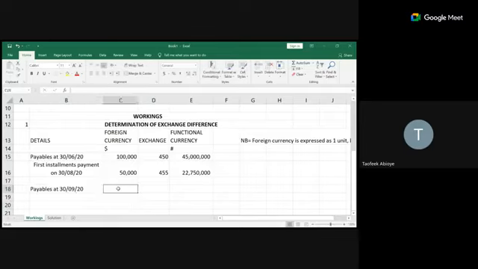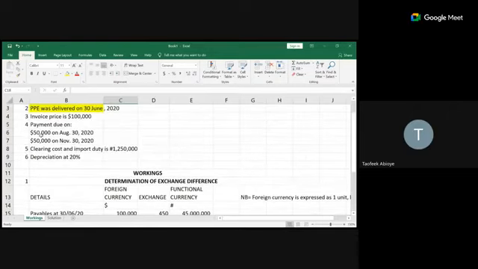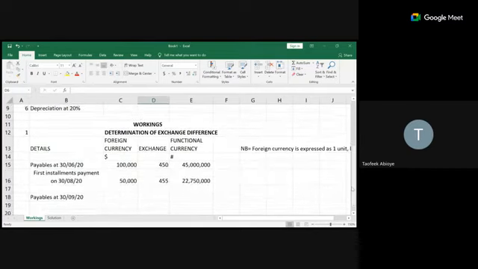Now, the last payment, let me show you, is November 30, which is the next accounting period. That is when we will settle that payment. But as of today, how much are we owing?